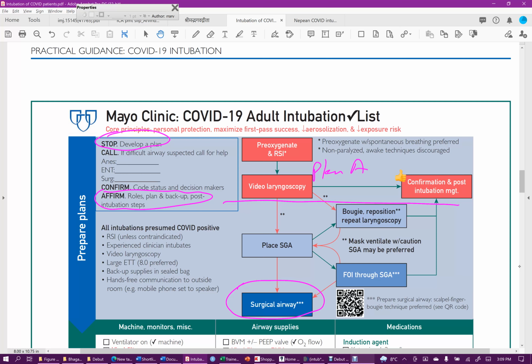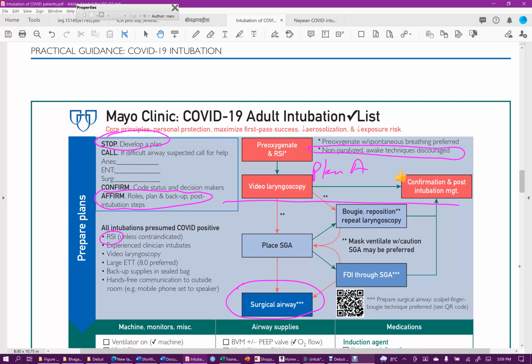Now, the other things as far as the intubation is concerned: do not do awake intubation or non-paralyzed intubation, because that will minimize your chances of first pass intubation. So your success rate will be significantly lower. Therefore, always do RSI. With regards to rapid sequence intubation, we have decided in our unit that we will use suxamethonium rather than rocuronium unless there are contraindications to suxamethonium.